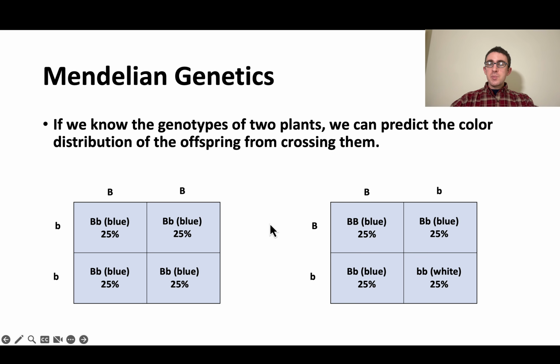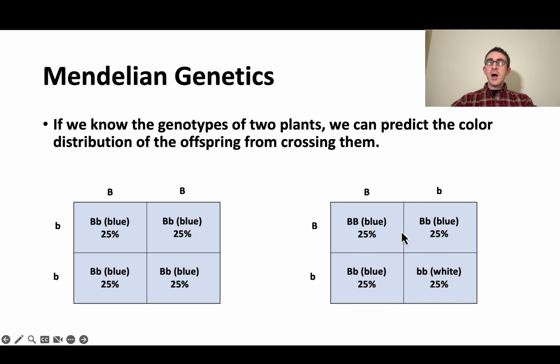And then this Punnett square on the right side shows what happens if you cross two flowers where they both have one blue allele and one white allele. When we do this cross, we can see that the different quarters of this Punnett square are different in a way that's interesting. Basically 25% of the offspring flowers would have two blue alleles.